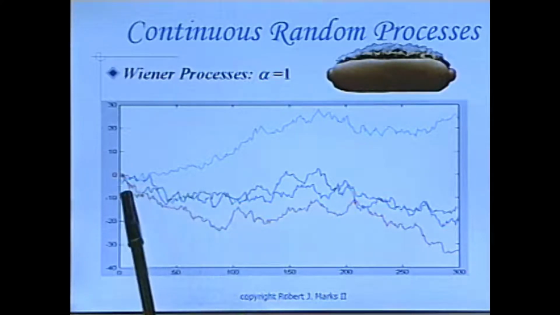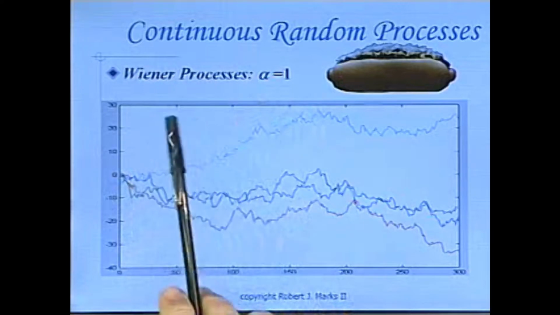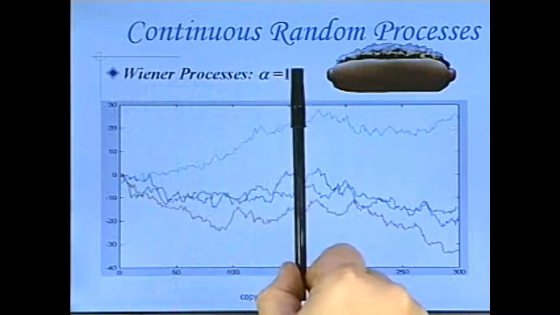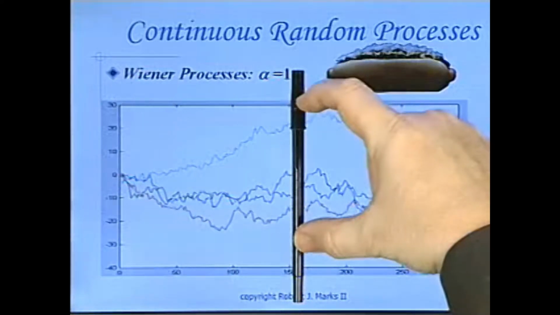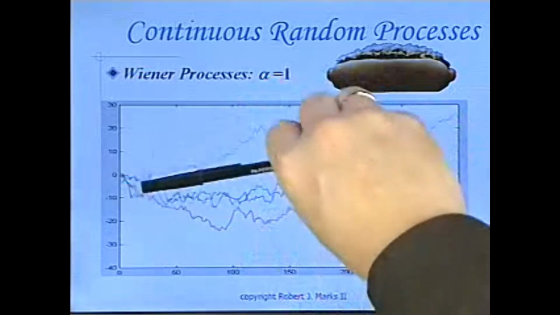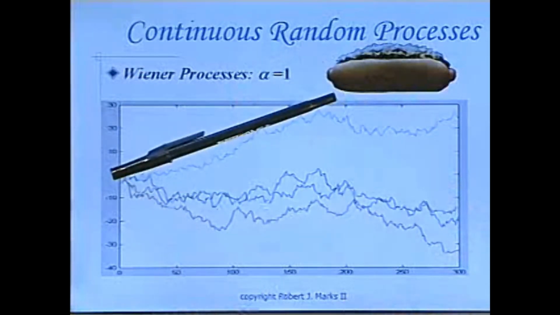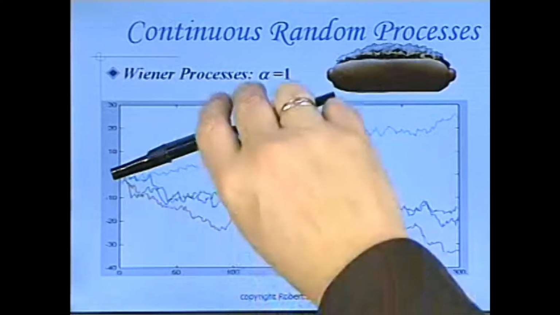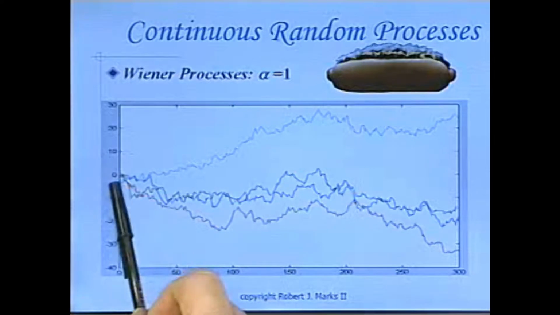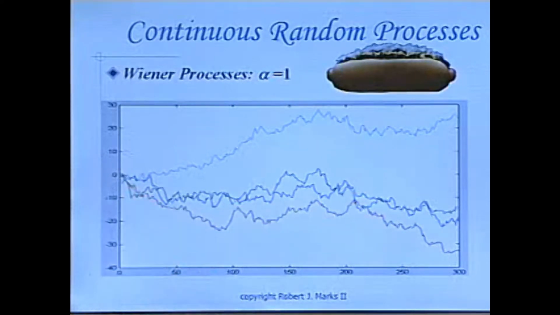It always starts out at 0, and you'll notice that as time increases, the standard deviation, or the uncertainty of where you're going to be, increases also. In fact, what we have shown is that this uncertainty increases linearly with the slope of alpha, alpha being a parameter of the Wiener process. And right here at the origin, everything starts out at 0.